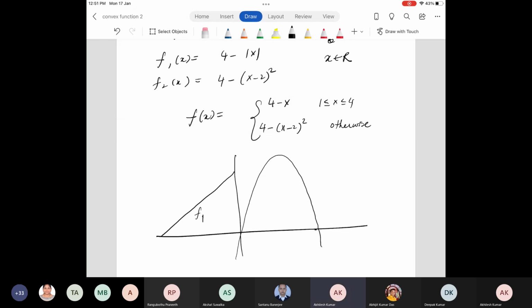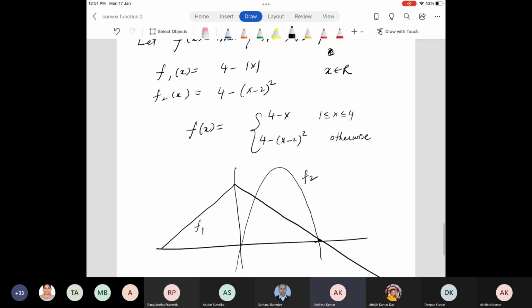Very difficult to draw it on this. See if we have drawn the function right or not. This is 0 and this is 4. Is this correct, guys? So where exactly is our function f?